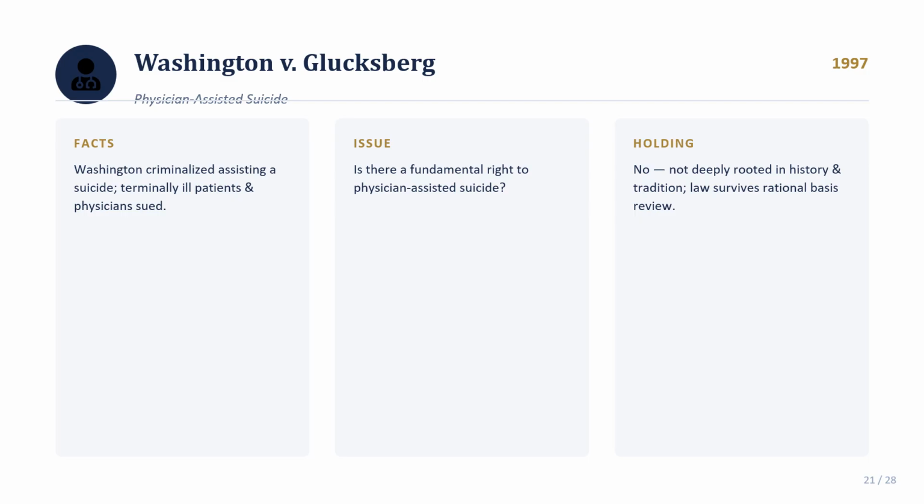So, significance plainly stated: Glucksberg established that there is no fundamental right to physician-assisted suicide under the federal constitution. States remain free to criminalize it, and Washington did. And importantly, states are also free to legalize and regulate physician-assisted suicide if their own legislatures choose to do so, which a number of them have done through their own statutes.